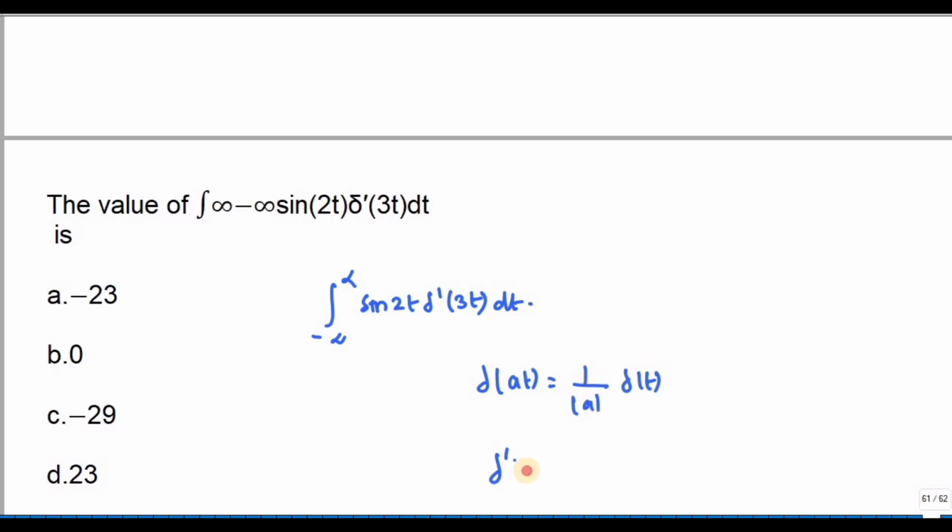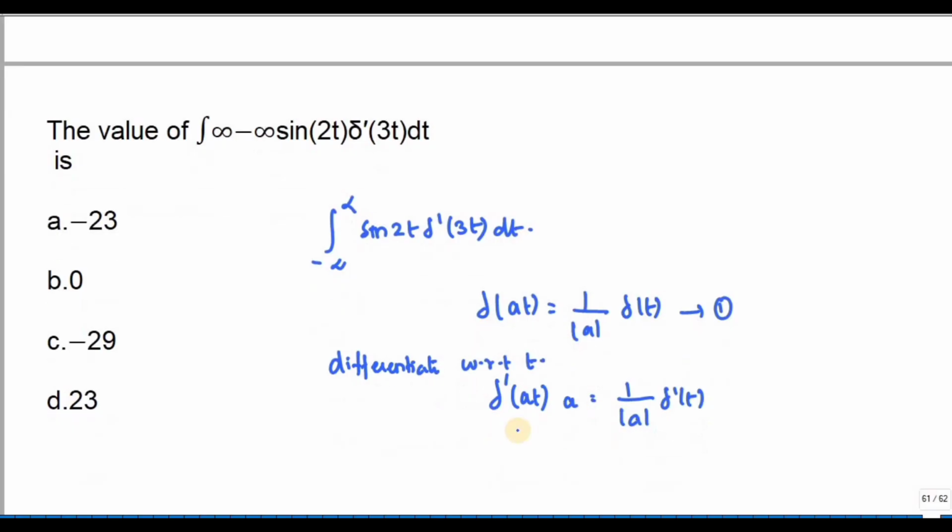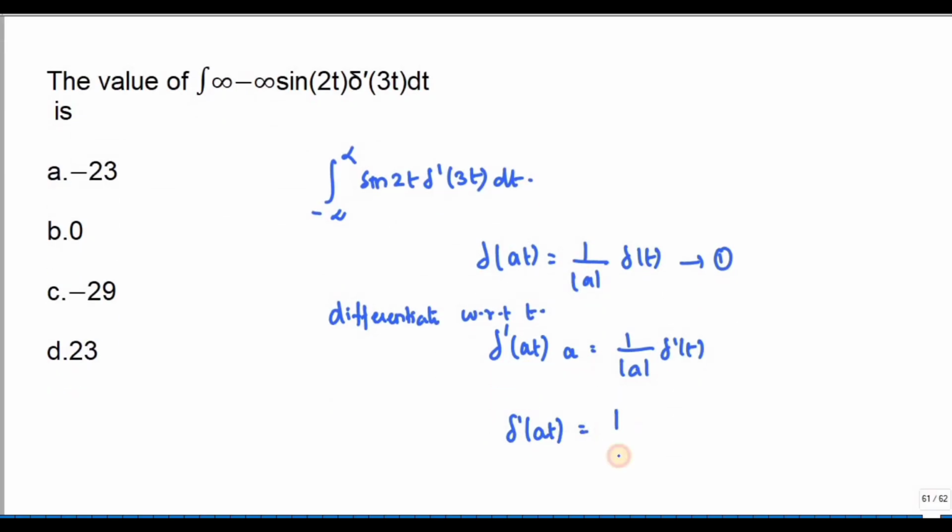If I differentiate this equation with respect to t, I will get delta dash of a t into a equal to 1 divided by modulus of a into delta dash of t. So you will get delta dash of a t is equal to 1 divided by a square into delta dash of t.